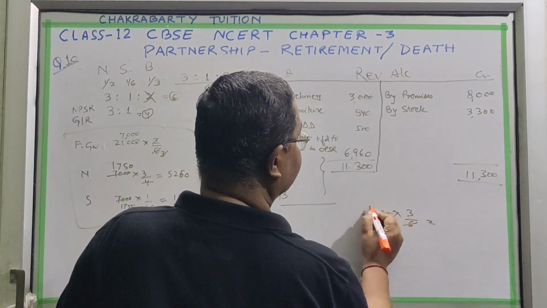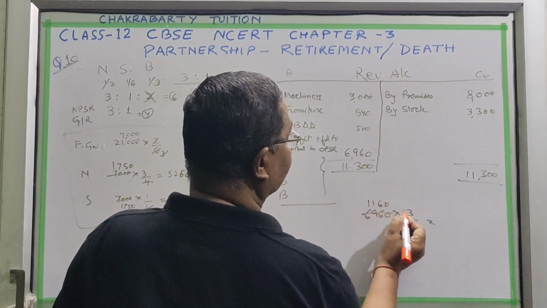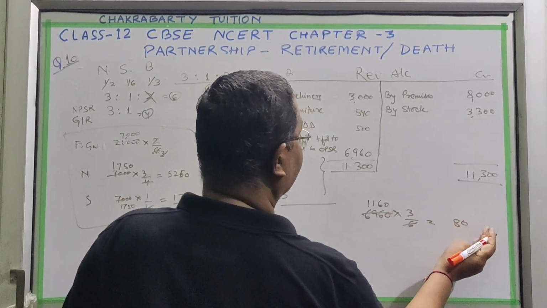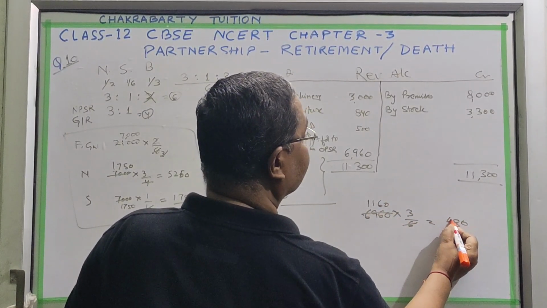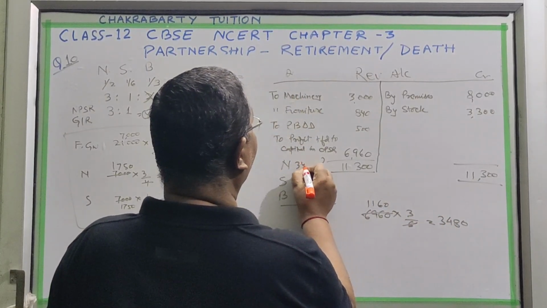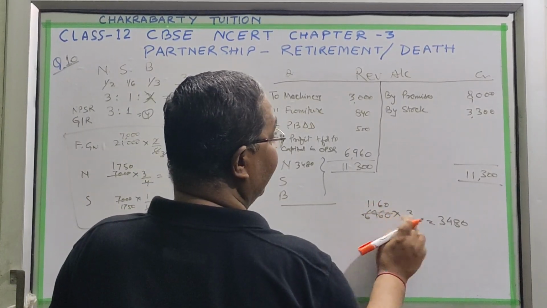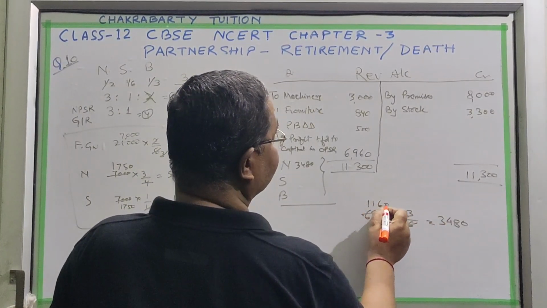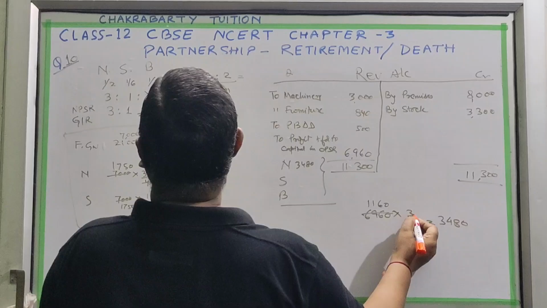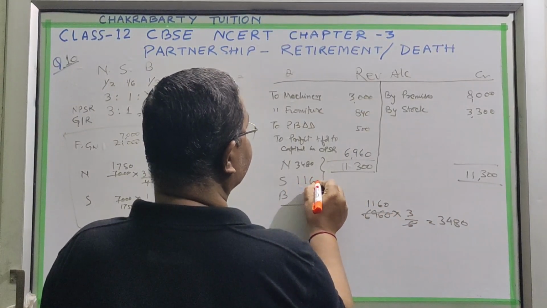We will cut 6 under 6. Narang will get 3480. Suri will get only how much? Suri will get 1160 because his share is 1/6. So he will get 1160.